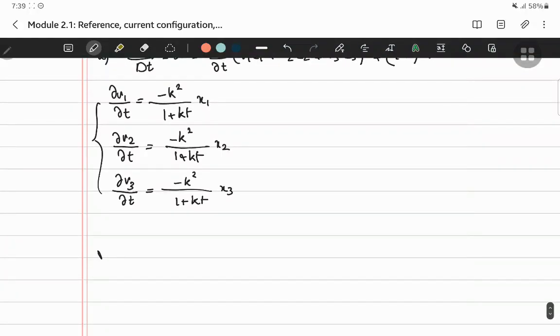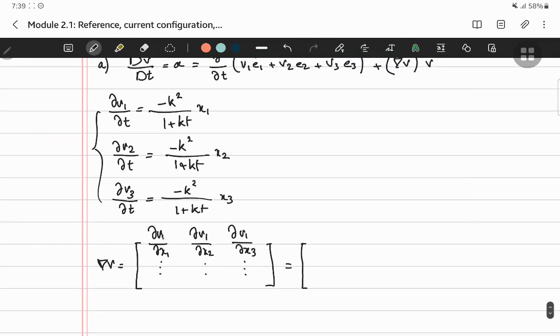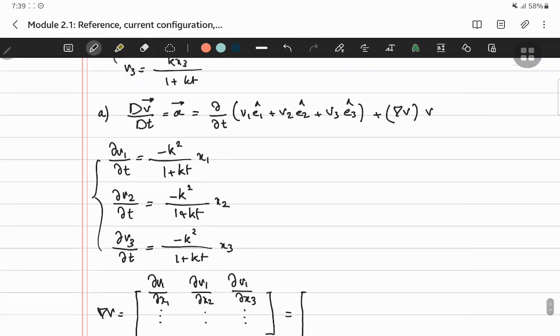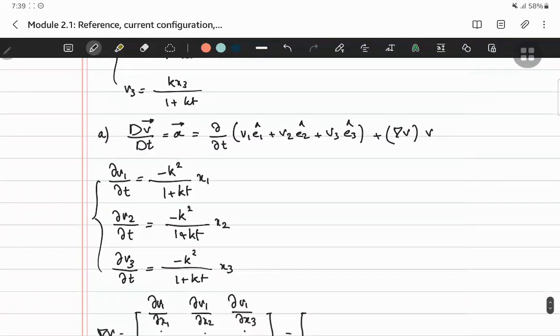All right. So del v in here, if you remember, is the partial derivative of v1 with respect to x1, then the partial derivative of v1 with respect to x2, the partial derivative of v1 with respect to x3, and then we went down for the rest. The partial derivative of v1 with respect to x1 is k divided by 1 plus kt.